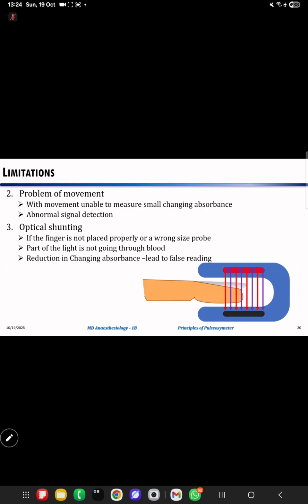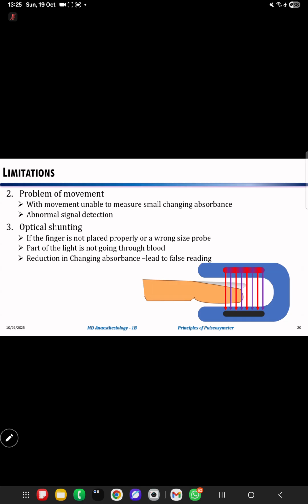So there can be problems of movements, because now we know that the changing absorption is a very, very small percent of the total absorption. So if this portion gets lower, our measurement becomes problematic. If the hand is moving, it will give false results.